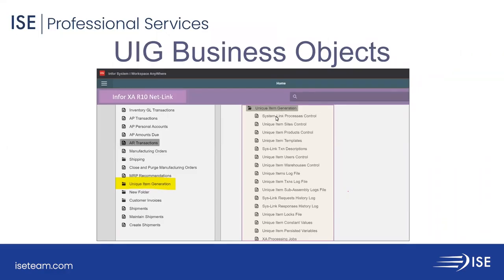So a normal PowerLink or vanilla Netlink, you would see 16 icons for these 16 business objects. But in this context, Netlink inside of SIWA, inside of Infor OS, you get this nested list from the card. Actually, we've just added a new one for data queues. So 17 and growing on the UIG business objects.